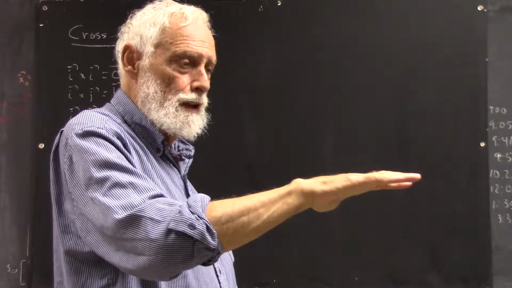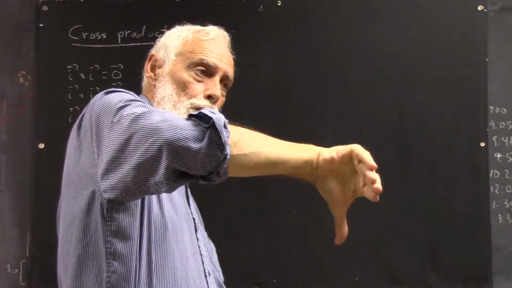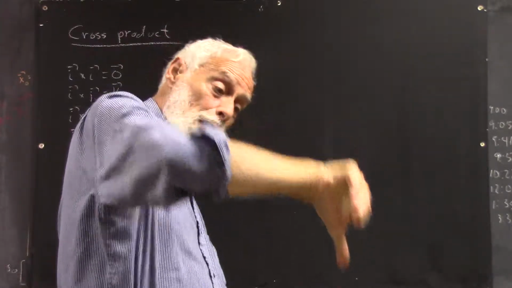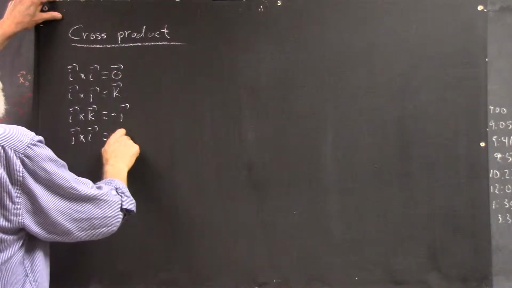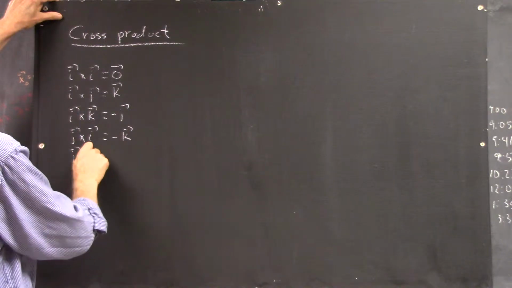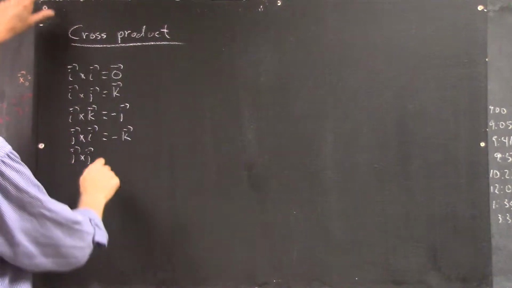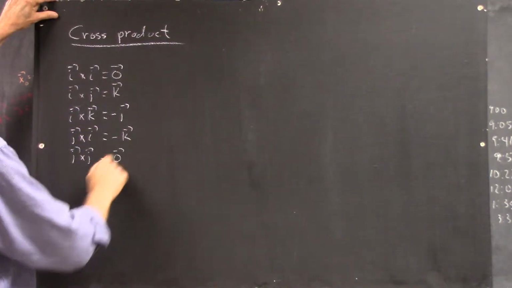Okay, it means it's going to get uncomfortable because I got to turn my hand around like this so that my fingers turn toward I, right? And when I do, my thumb is in the negative k direction. So we get negative k. J cross j, well, you can't turn j toward j. That gives you the 0 vector, okay?